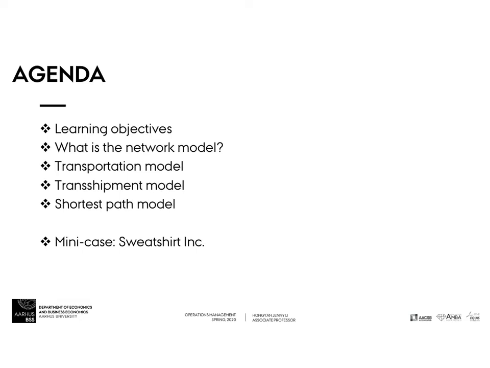In the end, we also show you the non-network problems sometimes can also be modeled based on the network idea. So we use a previous linear programming case, Sweatshirt Company, to show how this is working.